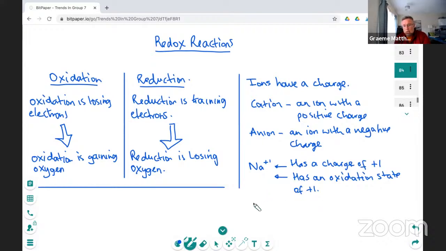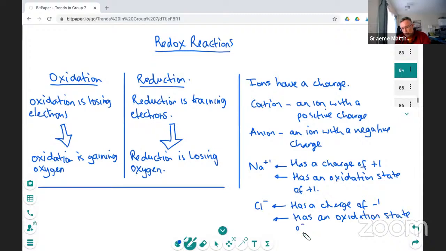So, for example, chloride. All right, at GCSE, you would say chloride has a charge of -1. And at A level, you would say chloride, the anion, has an oxidation state of -1.